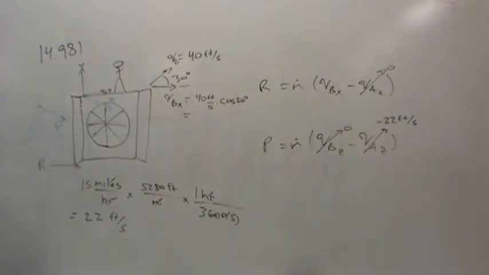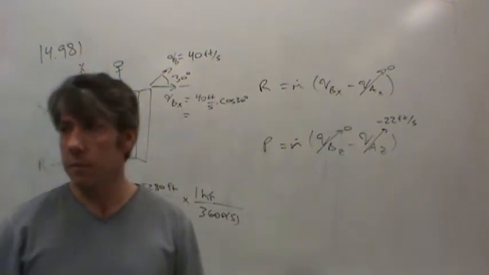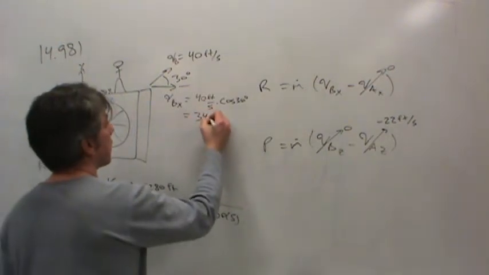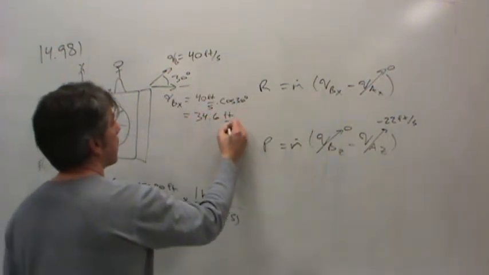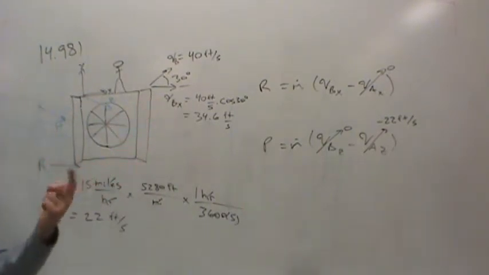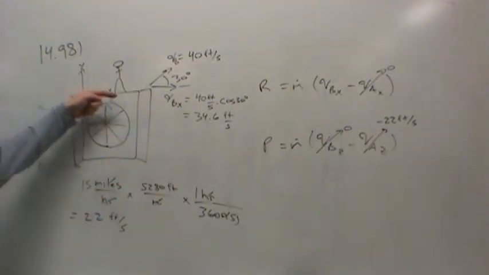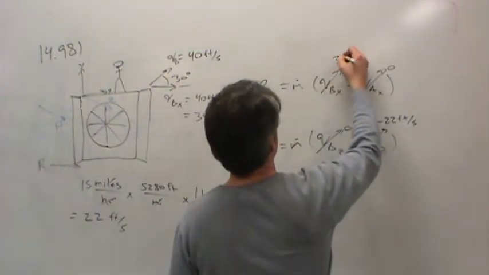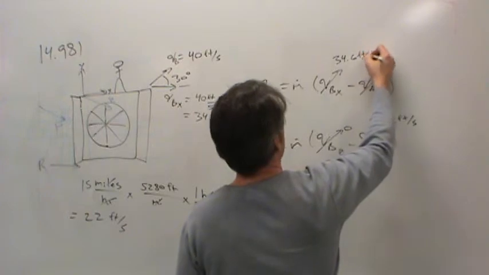The cosine of 30 is .866, so it'll be 34.6. So now we have VBX. Is it positive or negative? It's positive, because it's in the X direction. So VBX is 34.6 feet per second.